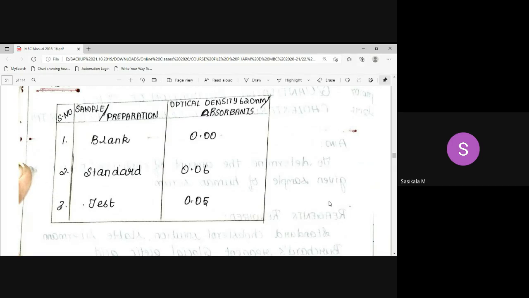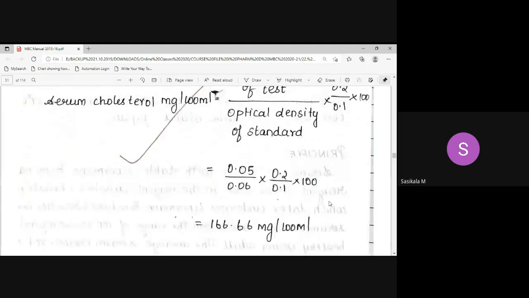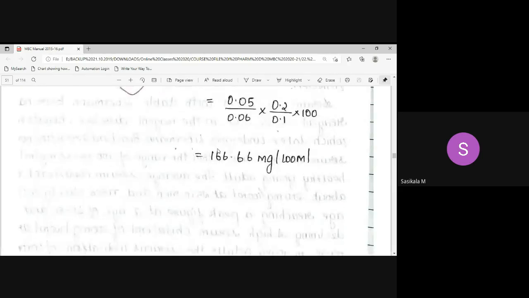The observation is noted down first, and you have to apply it in the formula we have seen already. 0.05 as test and 0.06 as standard, and these are constant readings that say about the concentration and dilution of standard, and 100 represents 100 ml. What is the quantity of cholesterol in 100 ml, milligram per 100 ml? In order to get milligram per 100 ml, it is multiplied by 100, and you will get around 166.66.